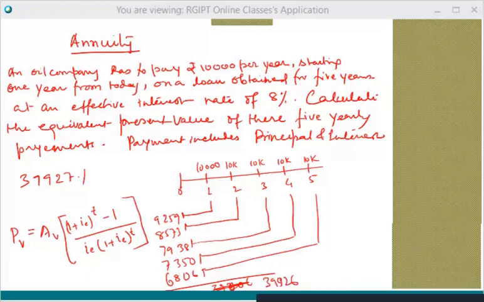So it's not a big deal to figure out how to simplify this equation from annuity value. If you have some annuity value for a given term and a given effective interest rate, you can do this computation easily. And so that is what you got, 39927.1.